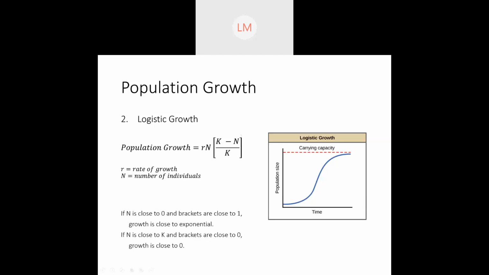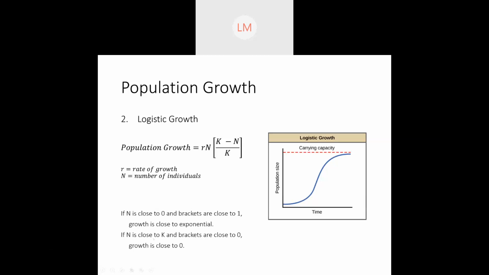So if this bracketed value is close to 1, then our population growth is going to be just like an exponential growth, right? This bracketed value is 1, so it's really just this R times this N, which is exactly what our population growth model is for exponential. So you can see down here, when our population is really small, our growth kind of resembles this exponential curve, okay?